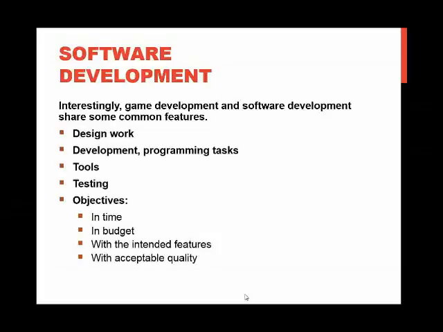Also, there's tools. Interestingly, on some occasions, even the same tools in both sides. Something like Microsoft Visual Studio, these sort of things are used on both sides. Everyone does testing and quality assurance work, and in general, the objective in games and in software in general is that the project is done in time, in budget, with the intended features and with acceptable quality.